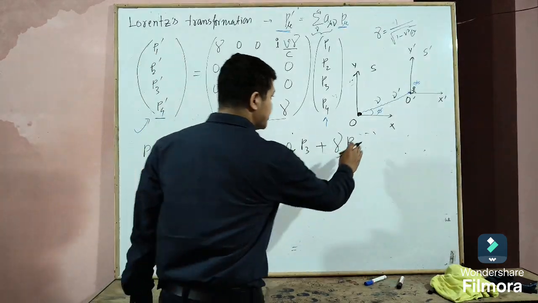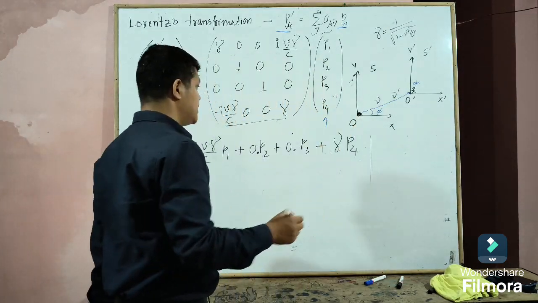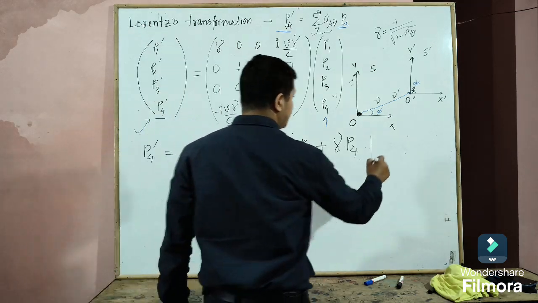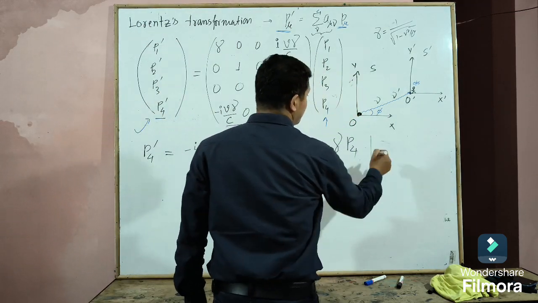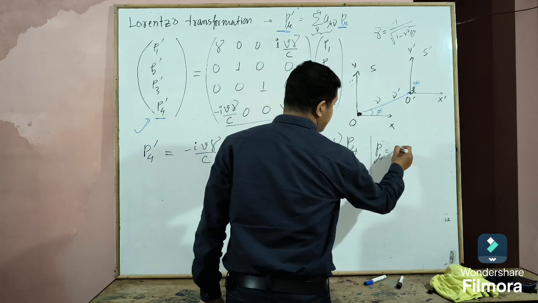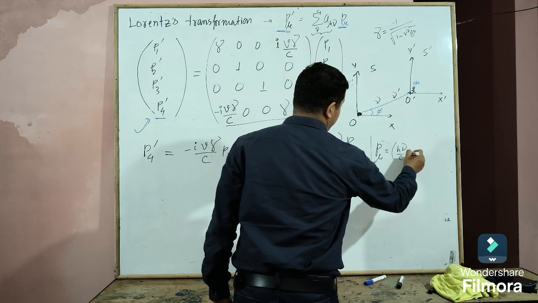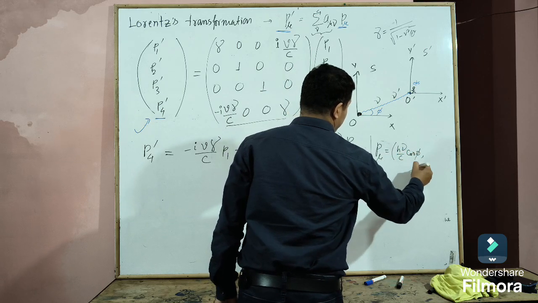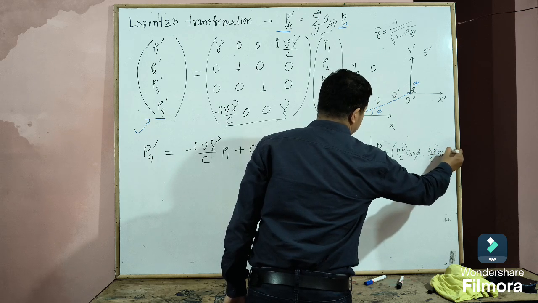So if you check your notes, p1 is nothing but, you see, we already have got that p mu is equal to h nu by c cos phi, and h nu by c sin phi.